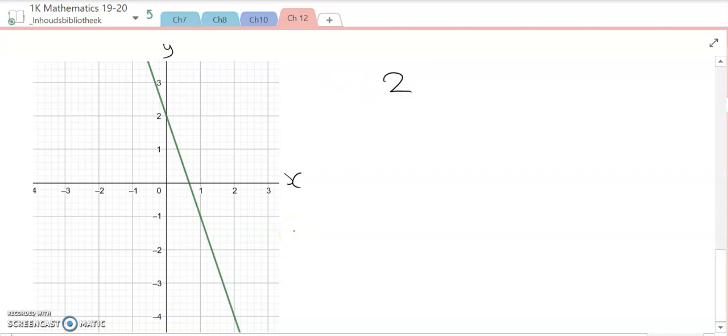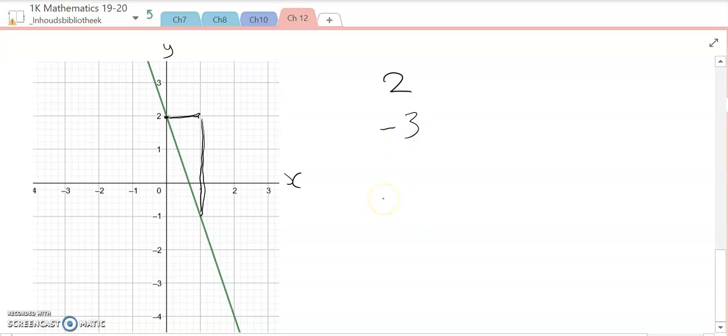If you go 1 step to the right, it goes down. So the gradient is negative. It goes down by 3, because it starts at 2 and then one step to the right it goes to -1. So the gradient, the change per unit, is -3.